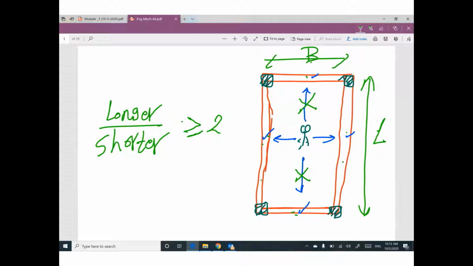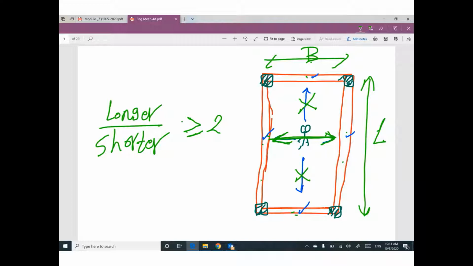If it's greater than or equal to 2, it's a one-way slab. Which way? The shorter way. Your load will move in the shorter direction, and in the longer direction, we don't have any load moving.